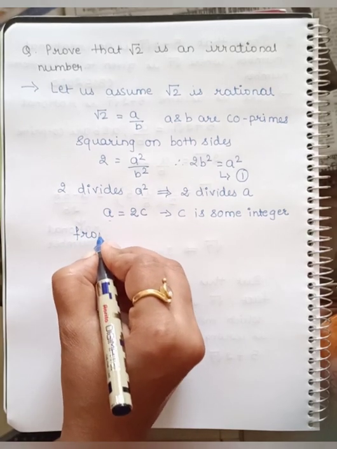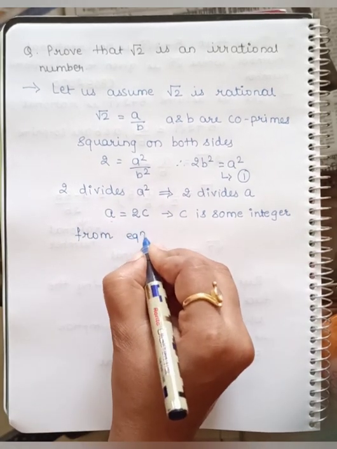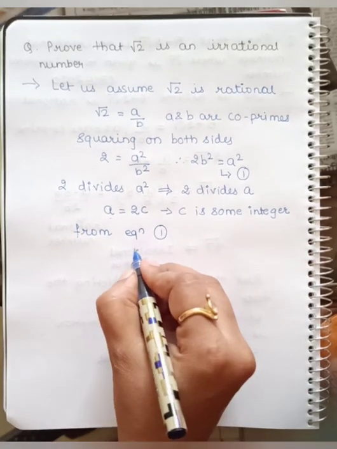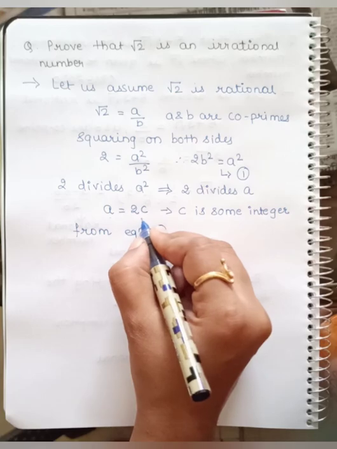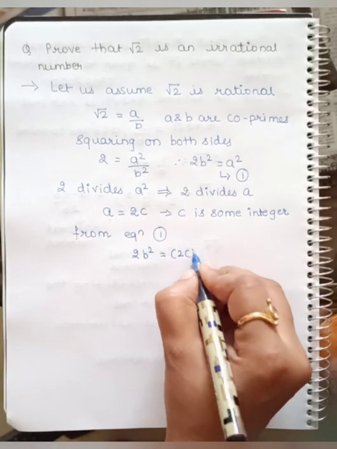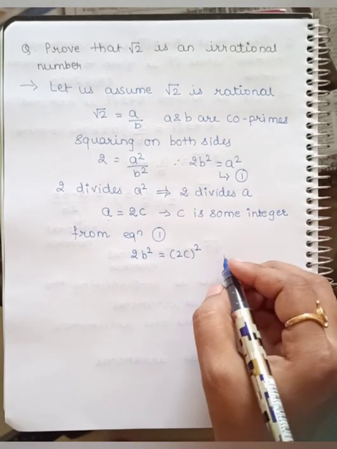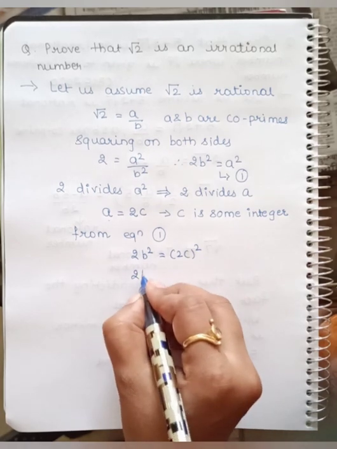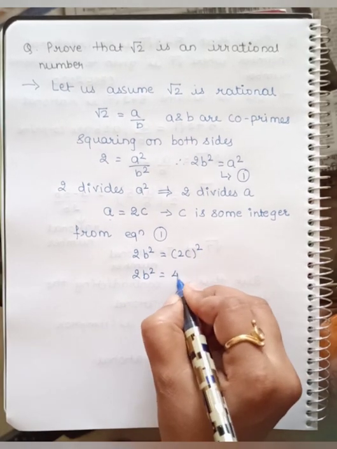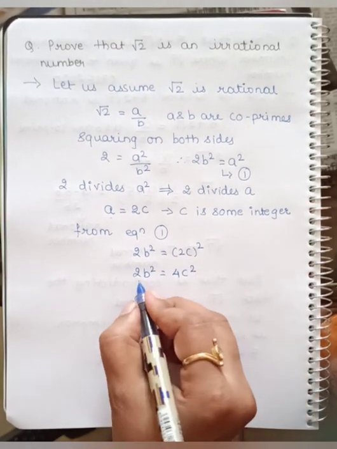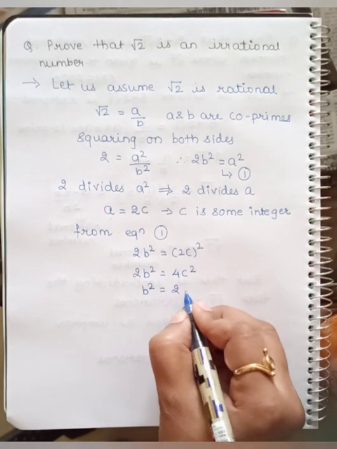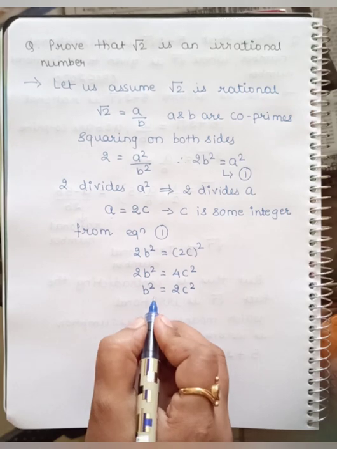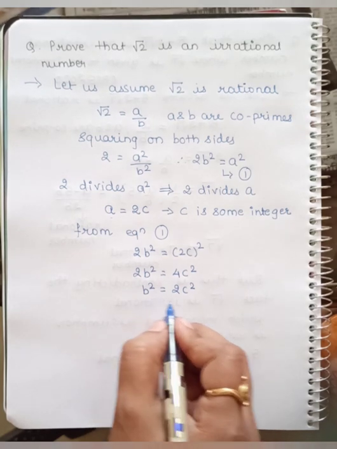From equation 1, 2 times b square is equal to, instead of a now I will write 2c bracket square, which means 2b square is equal to 4c square. If we divide by 2 on both sides, you will get b square is equal to 2 times c square.